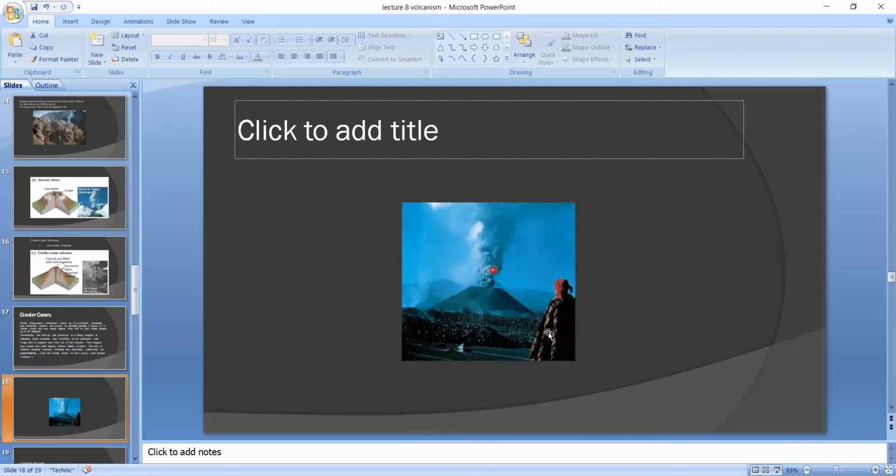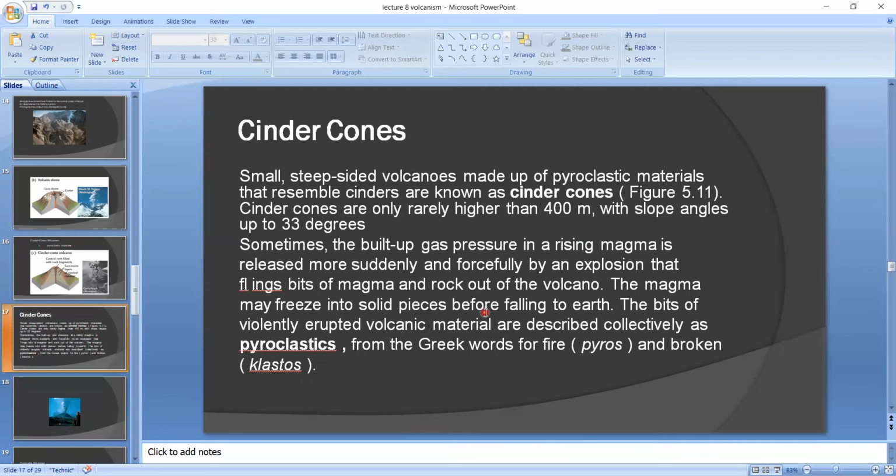So this will be called cinder cone volcano. They are not very big. Their height usually goes to 400 meters, and it ejects pyroclastic material. What is pyroclastic material? Pyro means fire and clastic means broken.